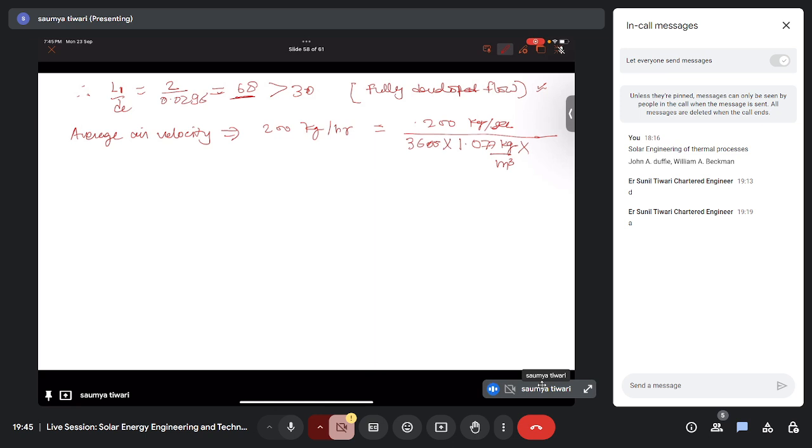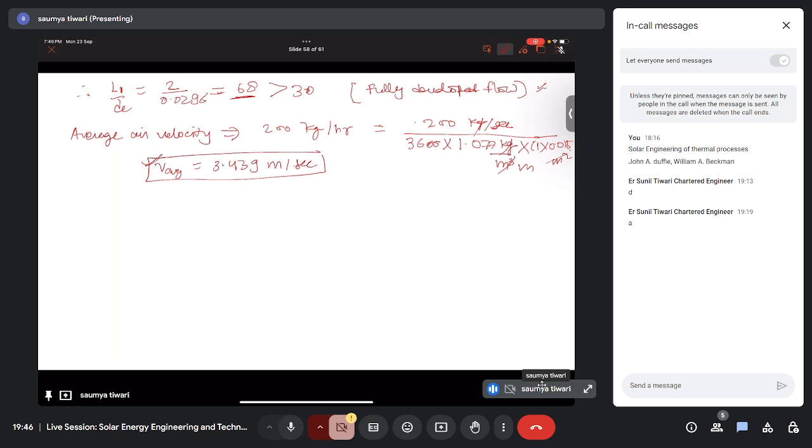If you divide by the area, we'll get the air velocity, right? Your area was 1 into 0.015, this is in meter square. So the value for average air velocity that we will get will be 3.439 meter per second, right? So we have calculated the average velocity in the duct.